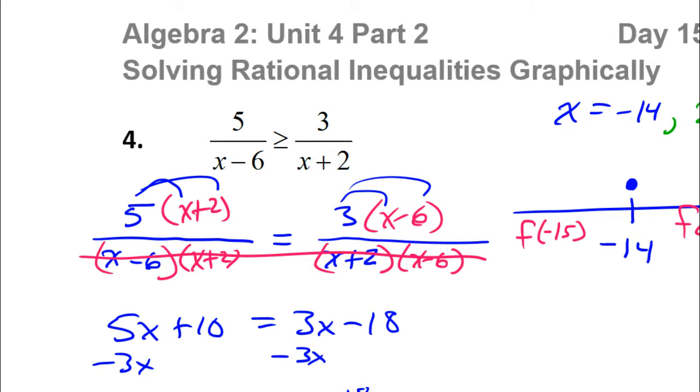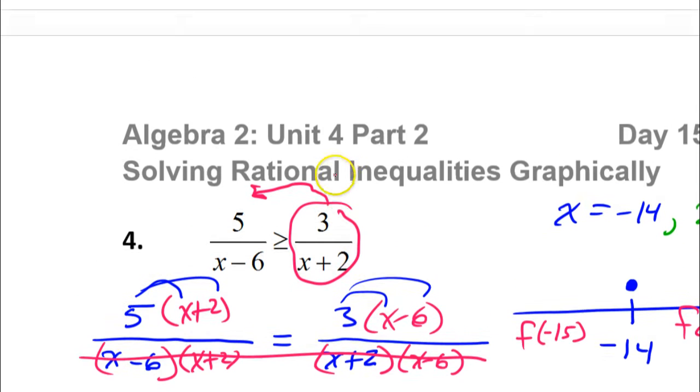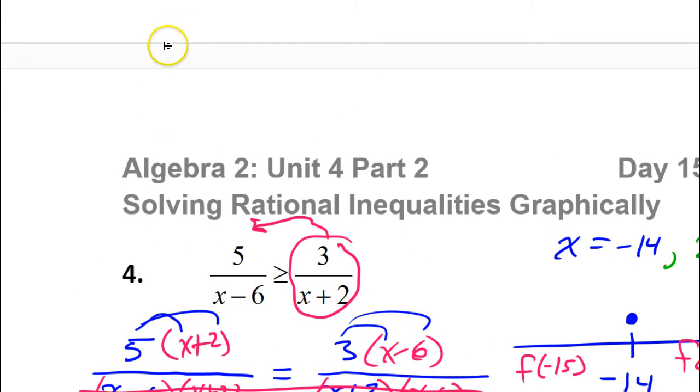But when I have a variable expression, I find it easier to move this side over to the other side of the inequality by subtracting it from both sides. So another way of writing this inequality would be like this.